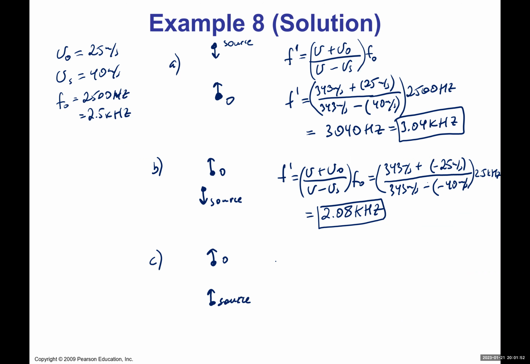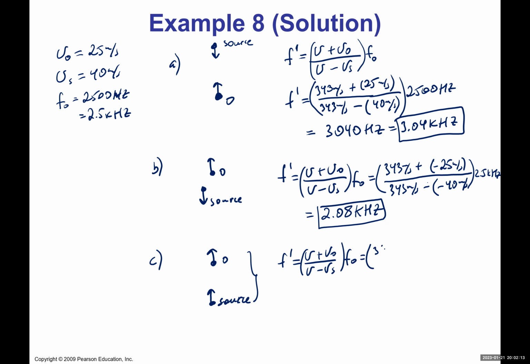Okay, so now remember, we have the same 2.5 kilohertz, same speeds and things like that. Now, if I'm calculating this scenario, f prime equals (v plus v_o) over (v minus v_s) times the original frequency.